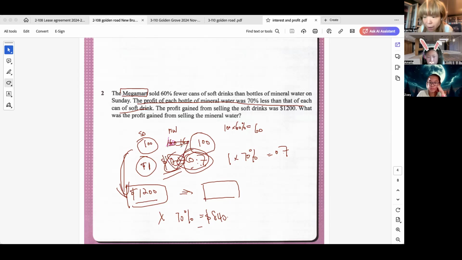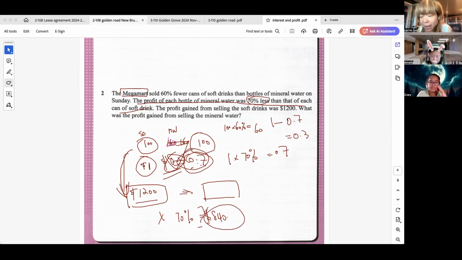No, you were right before, Amelia. It's 70% less. Selling the same mineral water earns 70% less than selling the same soft drink. Do you understand what 70% less means? That means you use $1 minus 0.7 equals 0.3. Understand? So now you calculate 840.